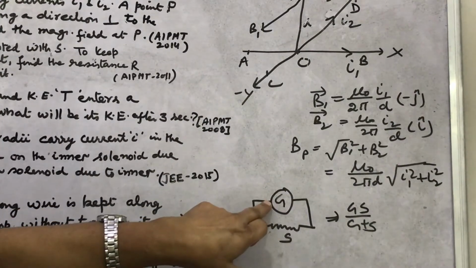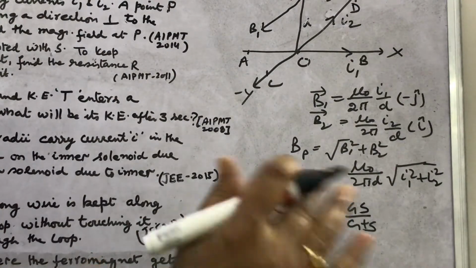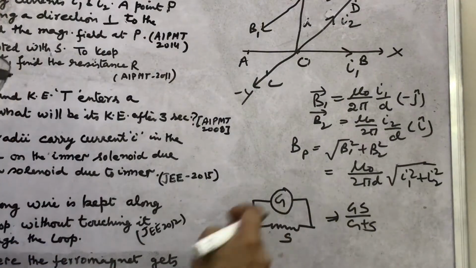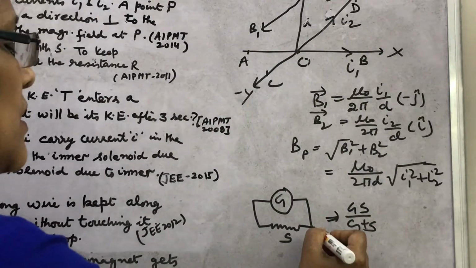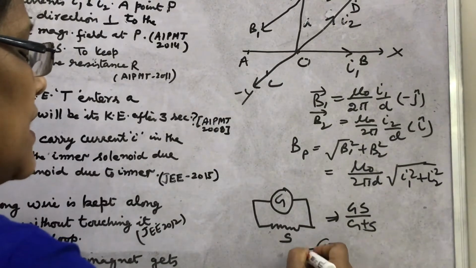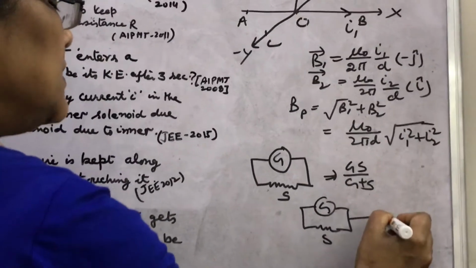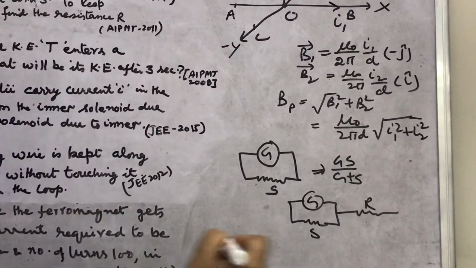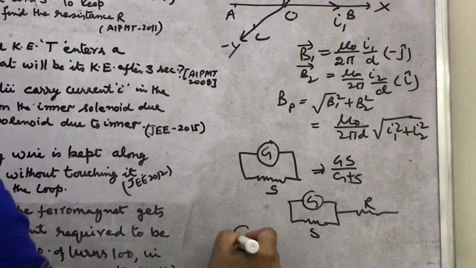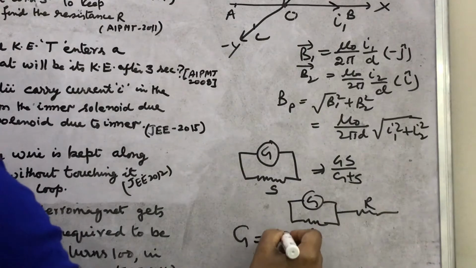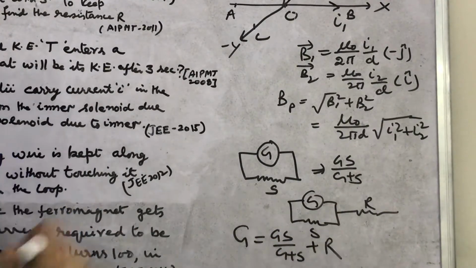Earlier it was only G. Now, since the current is to remain the same and you have to increase resistance, how will you connect the resistance? In series. So a resistance R is connected in series with it, and the whole resistance should become as it was earlier. So you are going to write here Gs upon G plus S, plus R.